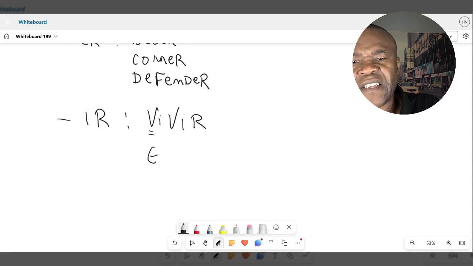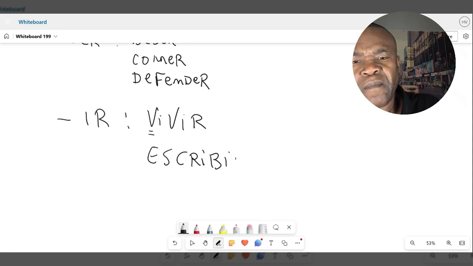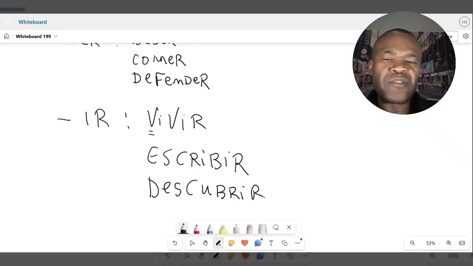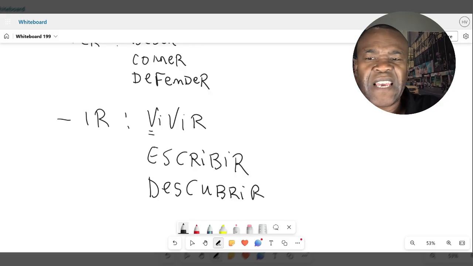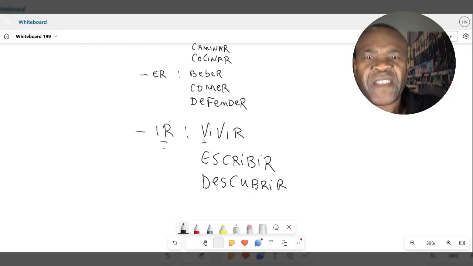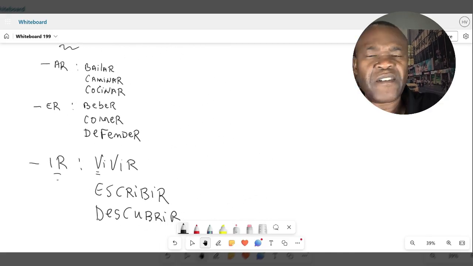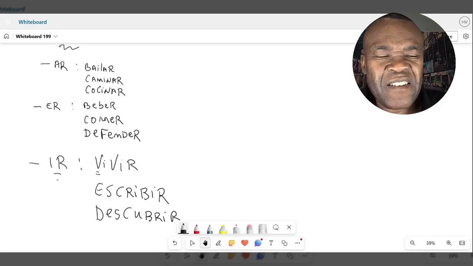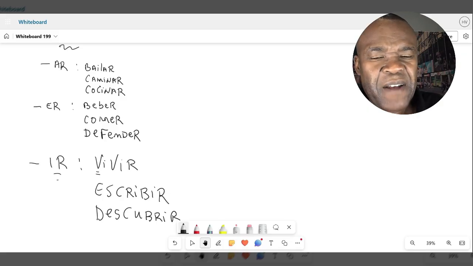You have escribir. And descubrir. Okay, so these are examples of verbs that belong to the IR family. But basically, there are 3 families of verbs in Spanish. Verbs don't exist randomly in Spanish. Every verb belongs to a family.